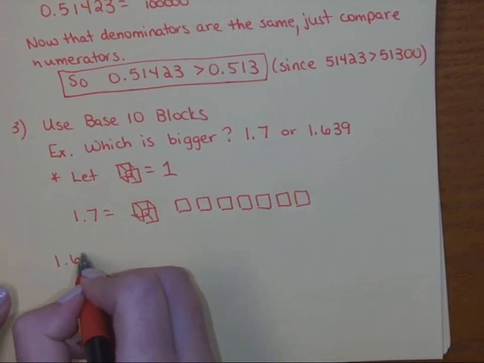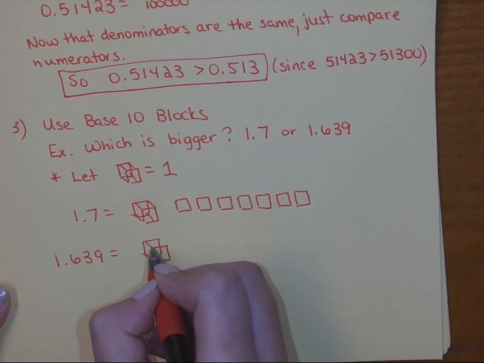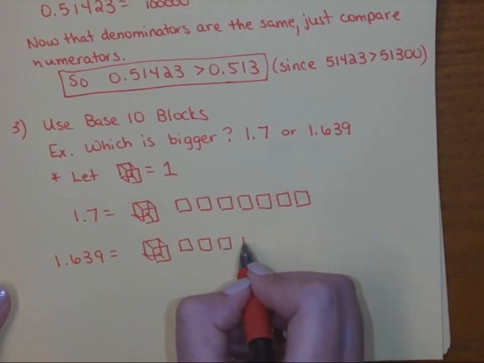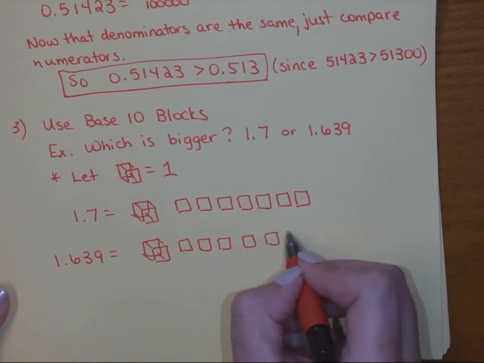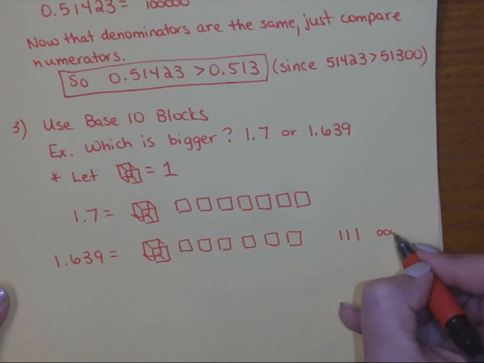Whereas 1.639 would be 1 cube, right, 1 whole, 6 flats, 3 longs, and then 9 units.